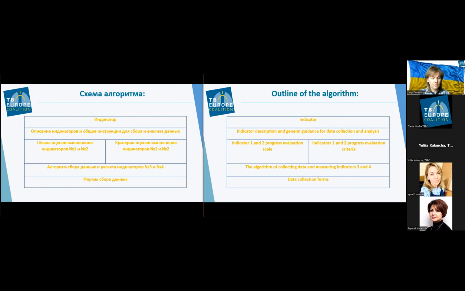There we have not evaluation criteria, but estimation of the indicator. And for each indicator, we suggest a template of the reporting form. This is the data collection form template that will further serve as the reporting form.